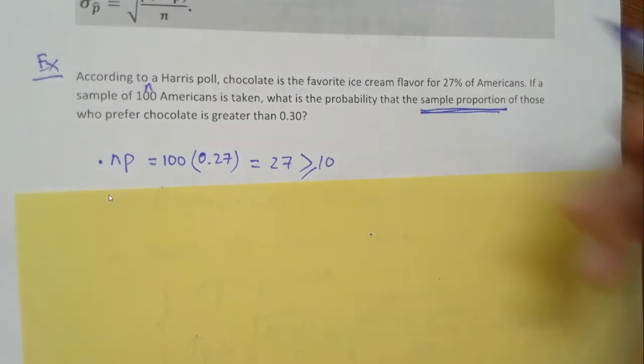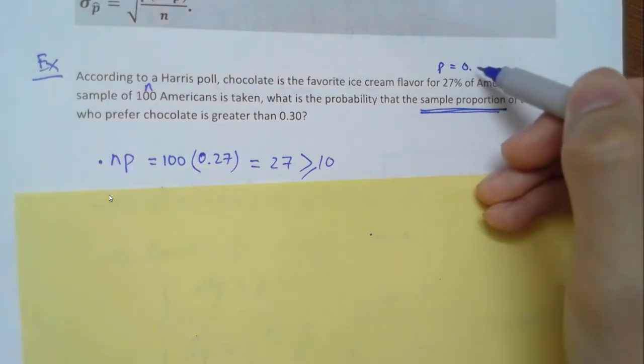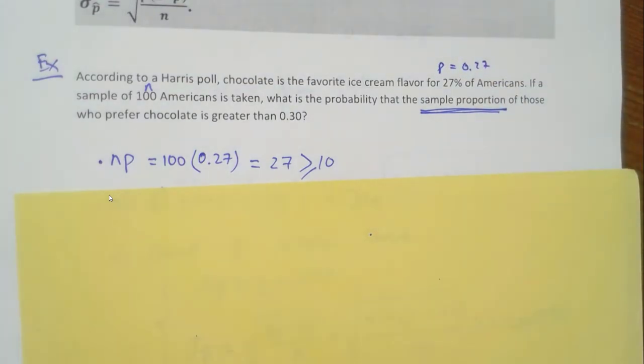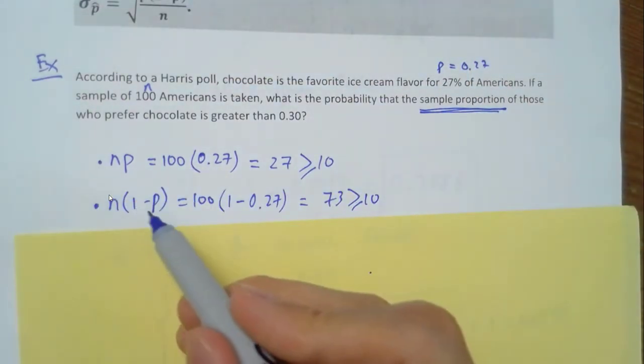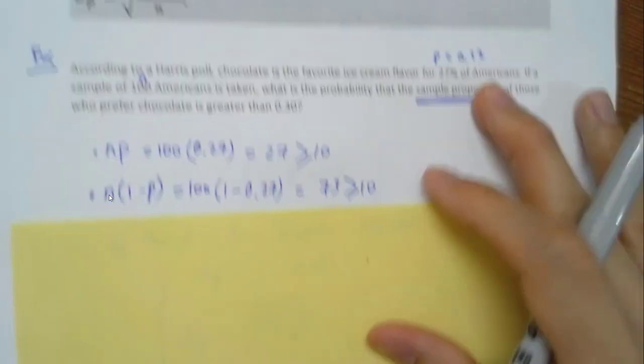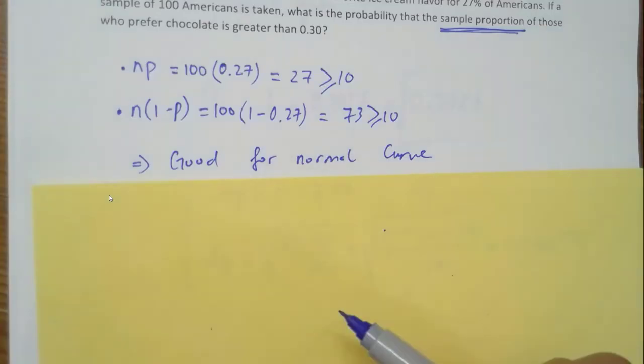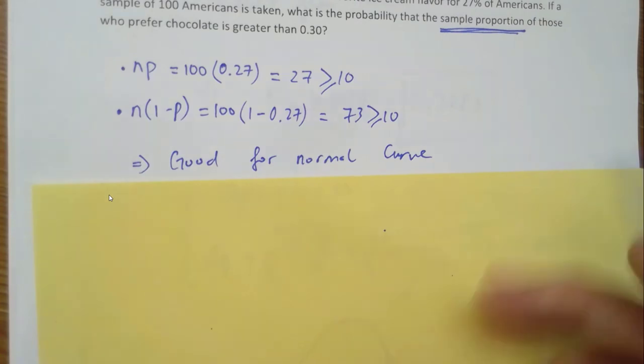So this is p, and 27% is 0.27 as a decimal. So n times p is bigger than 10, and n times 1 minus p is also bigger than 10. So we are good to use the normal distribution for this problem.